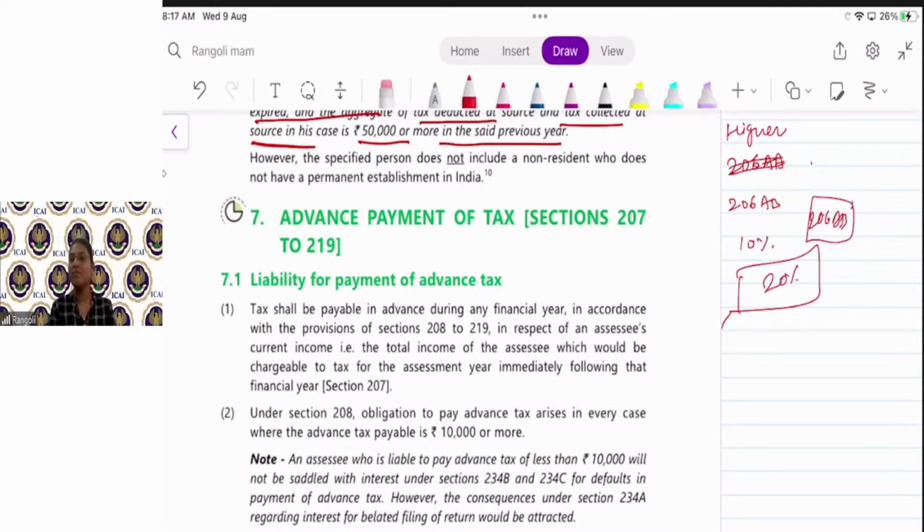See, my dear friend, you all are getting confused between advance tax and TDS. TDS is deducted by payer. Now I need to calculate my estimated tax liability. From estimated tax liability, I need to deduct amount of TDS. And if the balance payment is more than 10,000, then I need to pay advance tax.